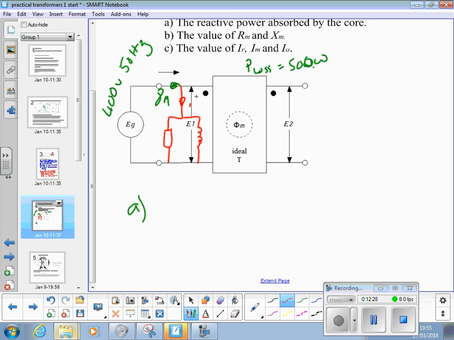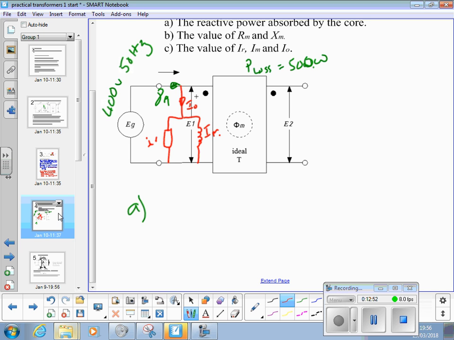And that's where IO is going to run. That's IR. And that's going to take IM.